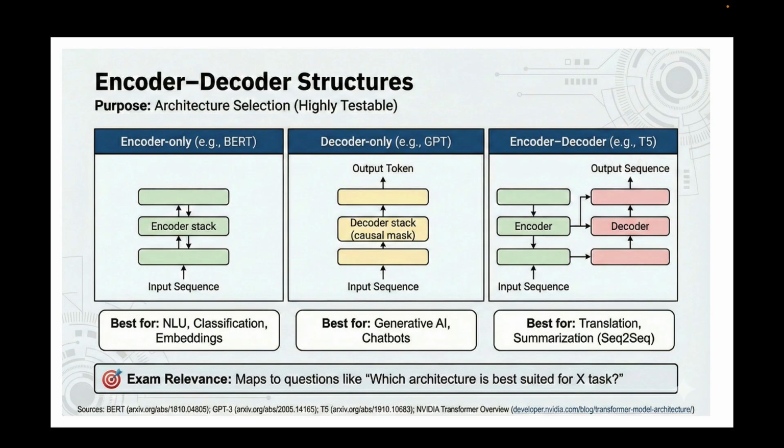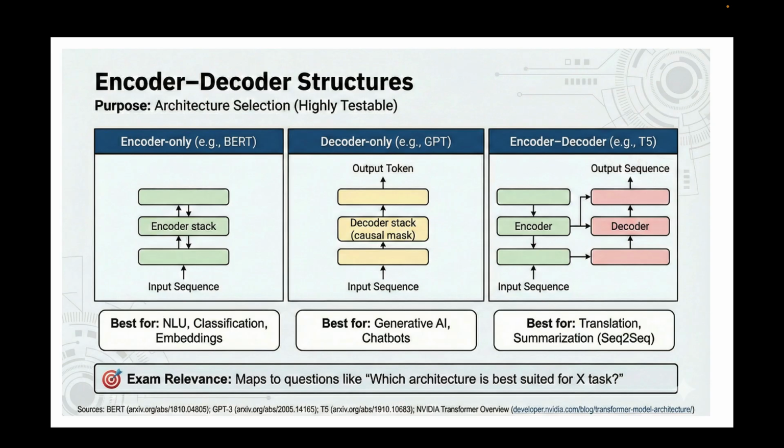In the middle, we have decoder-only models like the GPT series. These are writers. They use a causal mask, meaning they can only see what came before the current token. This makes them the industry standard for text generation and chatbots. Finally, on the right, the full encoder-decoder, like T5.